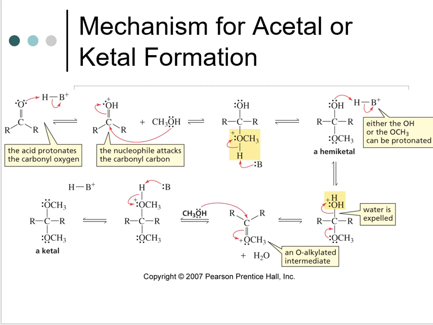So here is the H and the B, and this H you've got to think of as the acid that we have thrown into the mix to initiate this process. So that hydrogen is actually going to attack the oxygen first as far as the mechanism is concerned. So it's a little bit backward from how we explain it in lecture, at least for me.